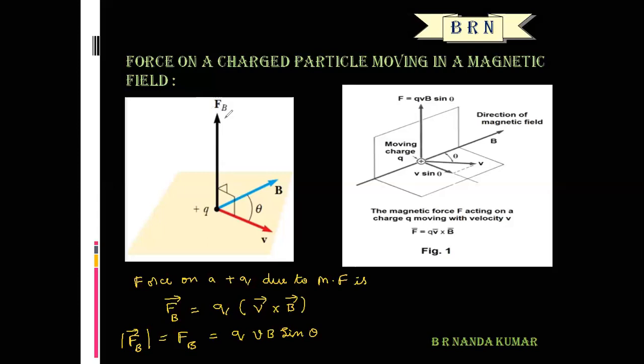This is the direction of force, perpendicular to the plane. F vector is perpendicular to the plane containing the two vectors, V vector and B vector. If it is V cross B, the force is vertically upwards. Suppose it is B vector cross V vector, then F vector is vertically downwards.